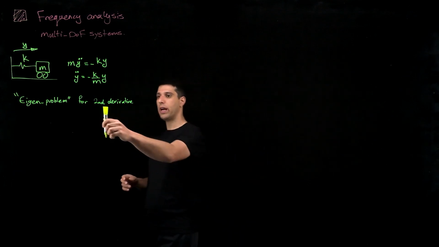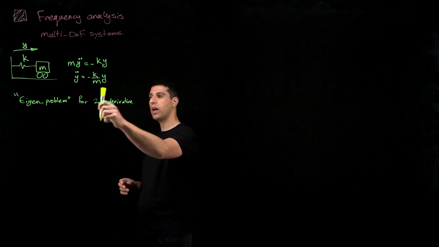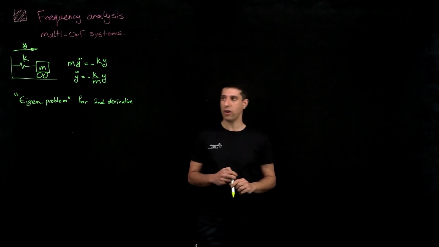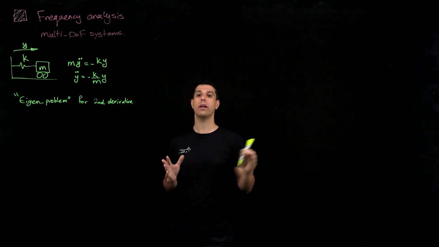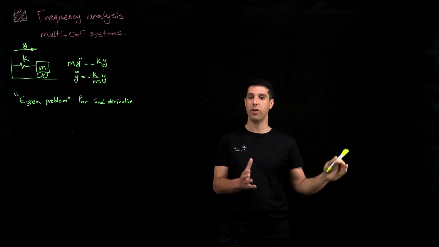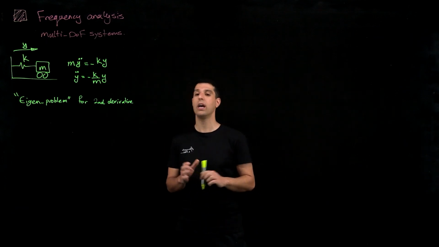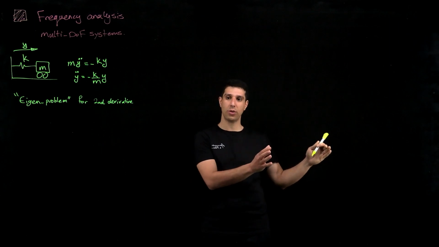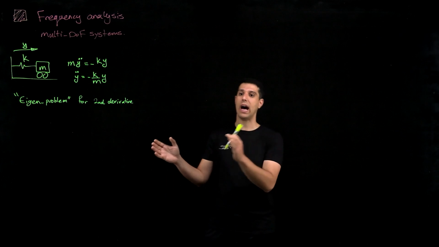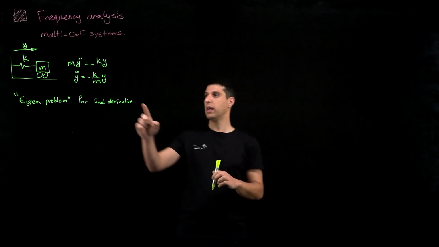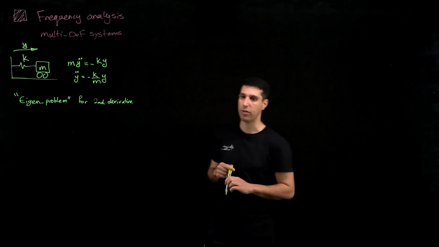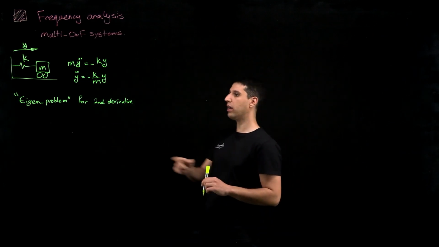You want to know what function you can feed to the operator, to the second derivative, such that the output that comes out is a similar shape of the original input function. So this is an eigen problem.